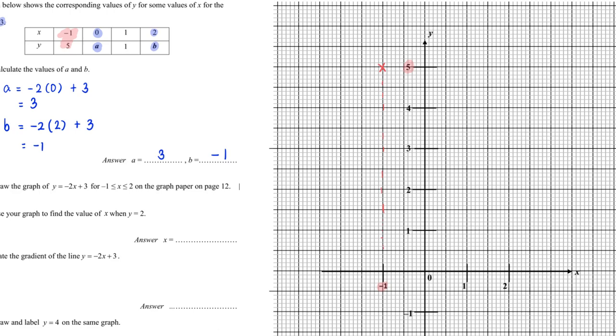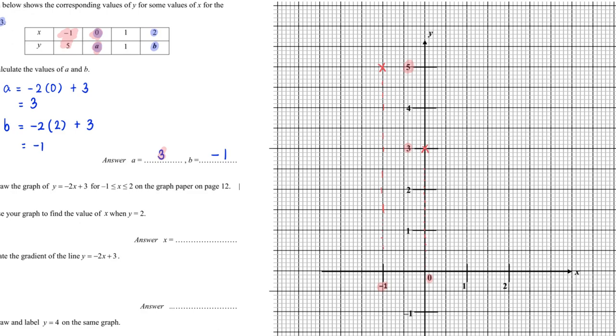I continue for the next pair, and my y is 3, so my x is 0, and I go up to the point where I hit 3 and mark it with a cross.